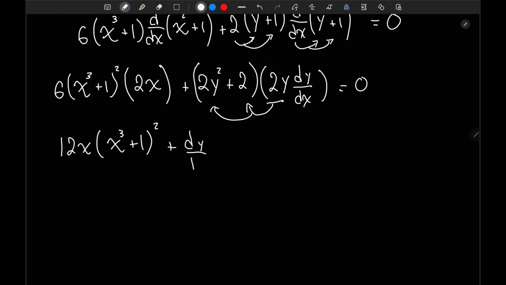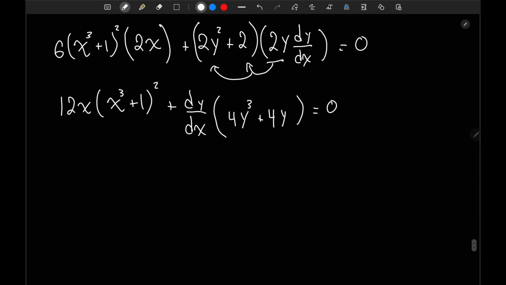So you're going to have dy/dx multiplied by 4y cubed plus 4y is equal to 0.